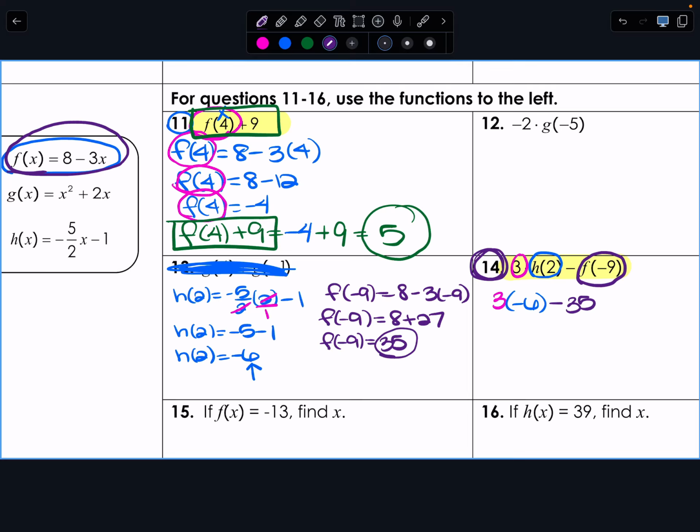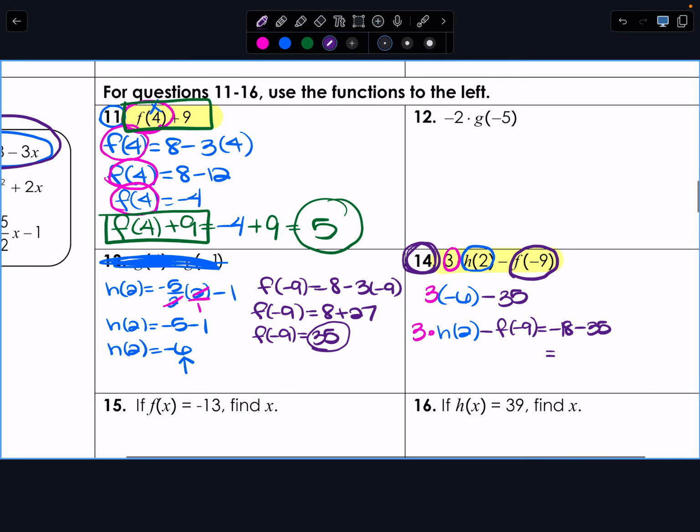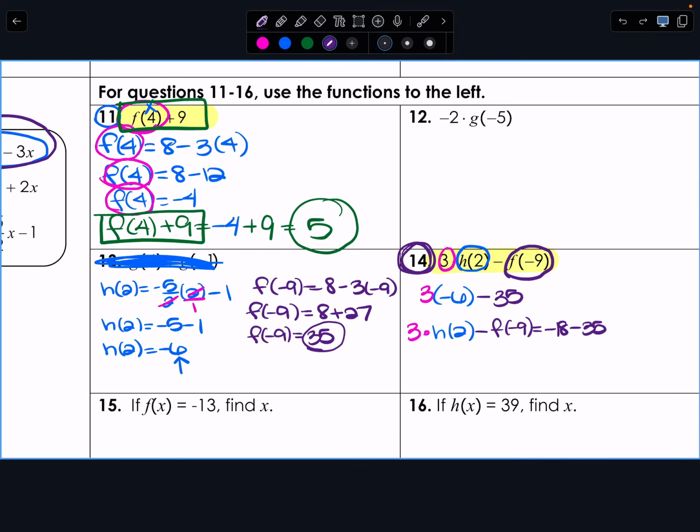So this whole big string of things, 3 times h of 2 minus f of negative 9, is equal to negative 18 minus 35, which is negative 53.